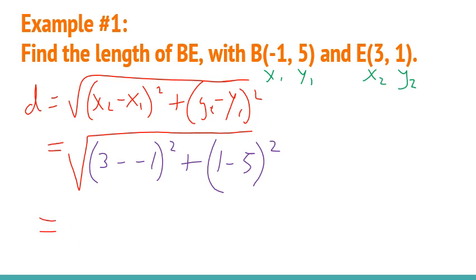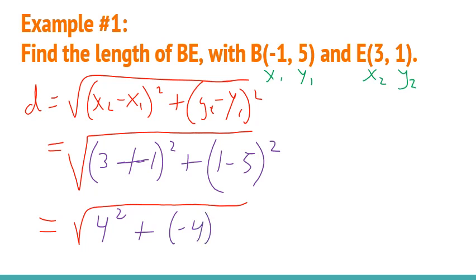And now it's just a matter of me simplifying my math here. So 3 minus -1, that's plus, so 4 squared, plus 1 minus 5, that's -4 squared. Okay? Again, notice how I use those parentheses. It's important that we keep everything in our parentheses.